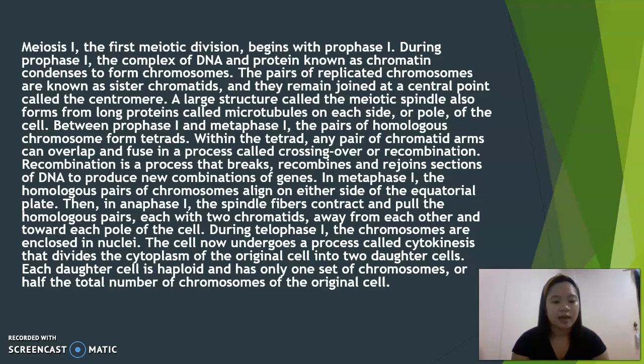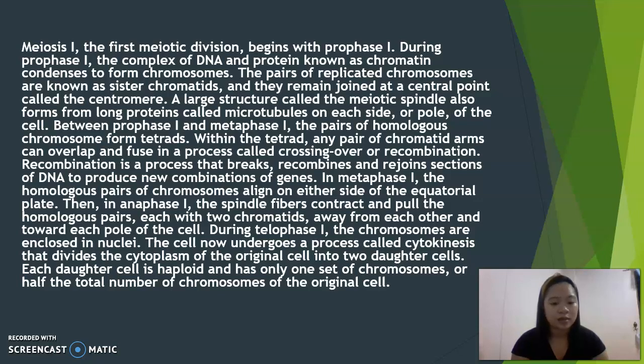Then, in anaphase I, the spindle fibers contract and pull the homologous pairs, each with two chromatids, away from each other and toward each pole of the cell. During telophase I, the chromosomes are enclosed in nuclei.